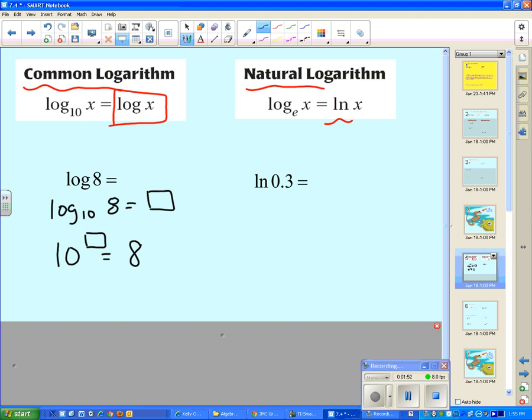Now, we probably can't do this one without a calculator, but I want you to think about what kind of number that exponent is going to be. Would it end up being a negative? Would it end up being a positive number greater than 1? Or would it end up being a positive number between 0 and 1? What do you think?